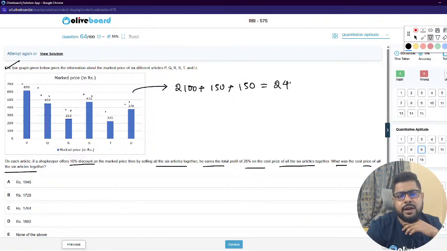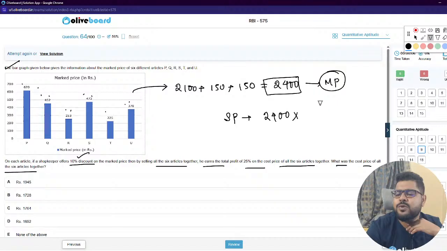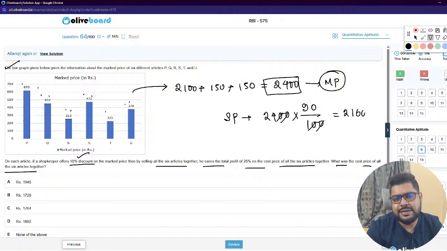That is 2,400. That is the total MP, sir. Right? 10% discount on this. So SP will be what, sir? 2,400 into 90%, this is 10% discount, meaning 90% will be SP. So this is 2160.